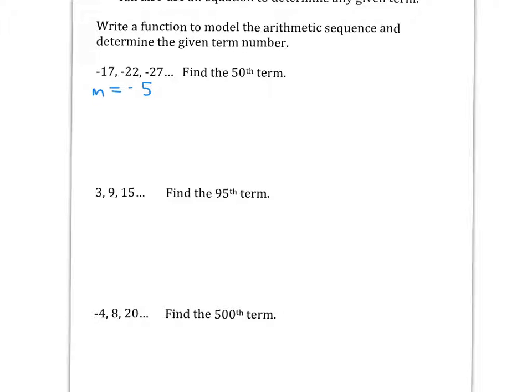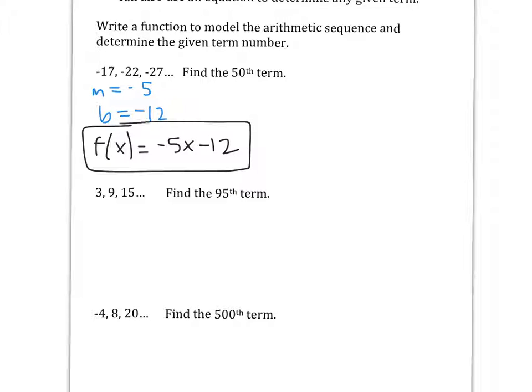If we work backwards to find the zero term, what minus 5 is negative 17? We could also reverse that order and say what's negative 17 plus 5 to give us that zero term, and that's negative 12. So my function will be f of x equals negative 5x minus 12. That's my arithmetic sequence written in function notation.